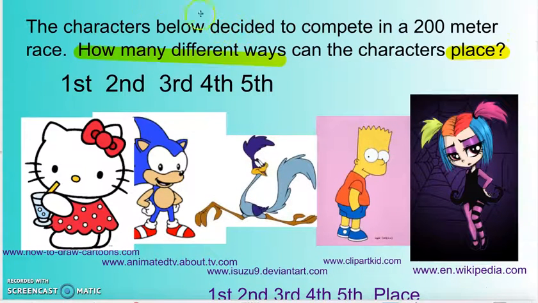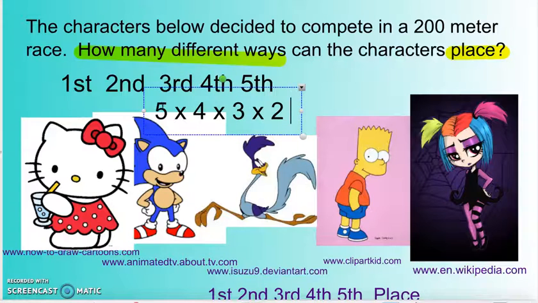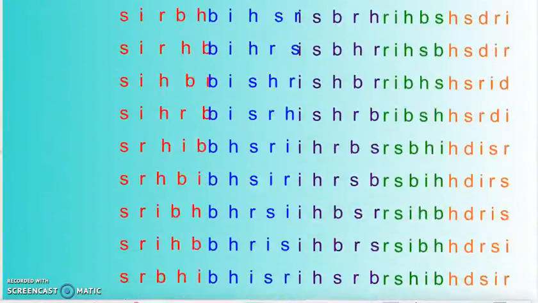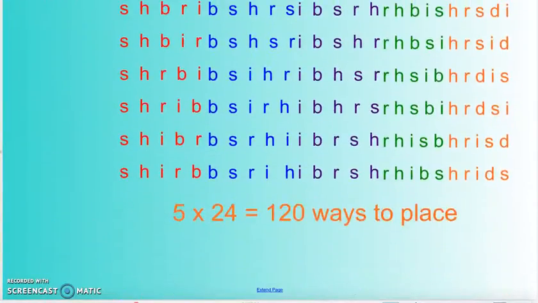One way to check your answer is, since there are 5 places, I can take 5th place times 4th place times 3rd place times 2nd place times 1st place. If I multiply all those together, I get 120. And it matches all of the ways I got down here in my list.